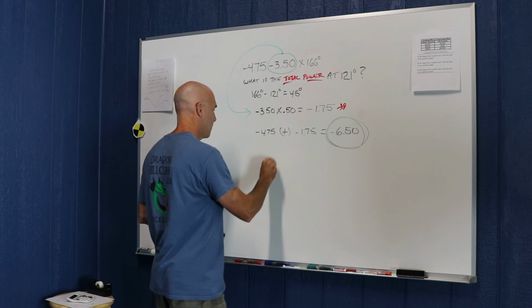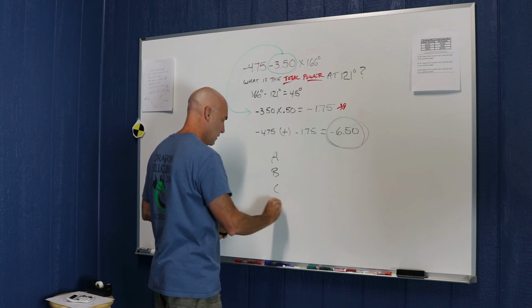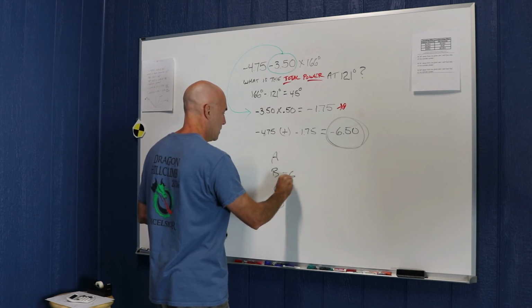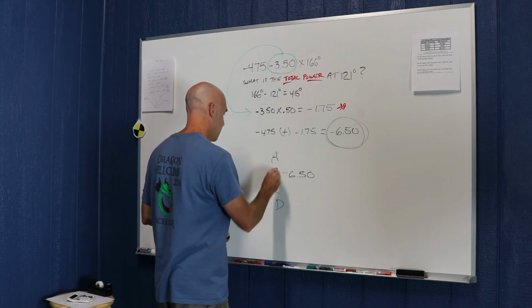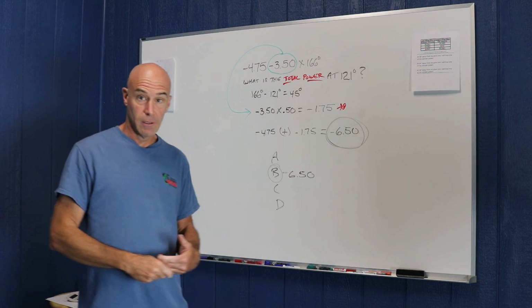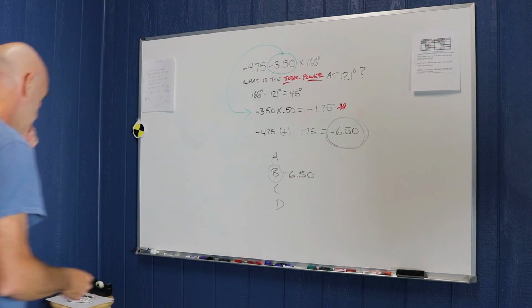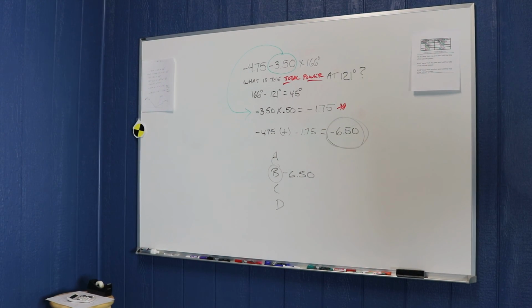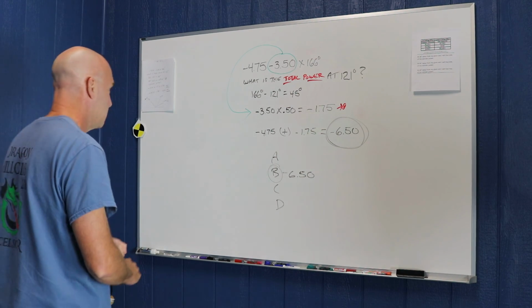Underneath this thing, you'd have A, B, C, D, multiple choice. B would be minus 6.50. You'd circle B, and you'd move on, and you'd have the question right. Again, I could draw this. There'd be no point to it. It would probably only be more confusing.